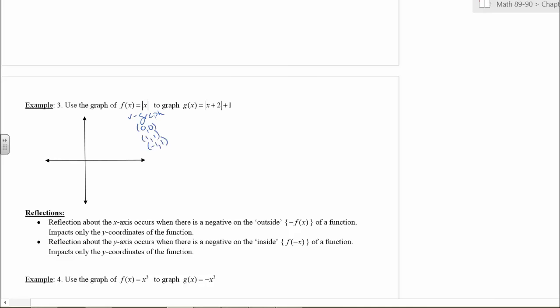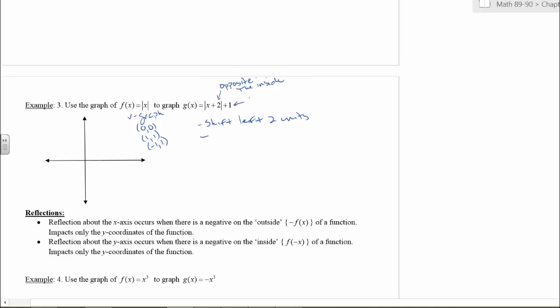So what's happening here? Well, start on the inside, order of operations. What is that plus 2 going to do? The first thing he's going to do is shift left because you move opposite the inside, meaning literally inside the absolute value bars. So you're going to shift left 2 units, and then you're going to have this number right here.